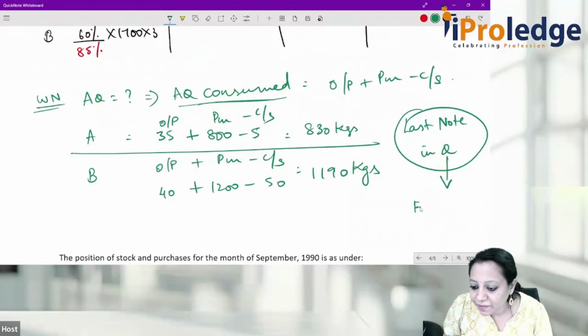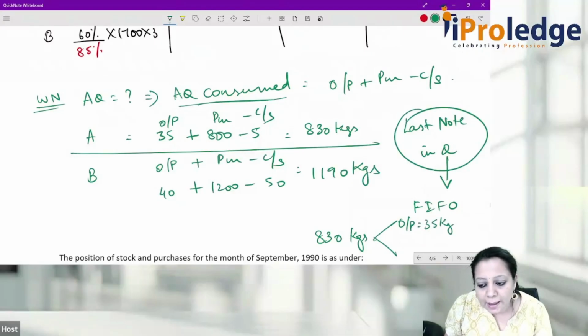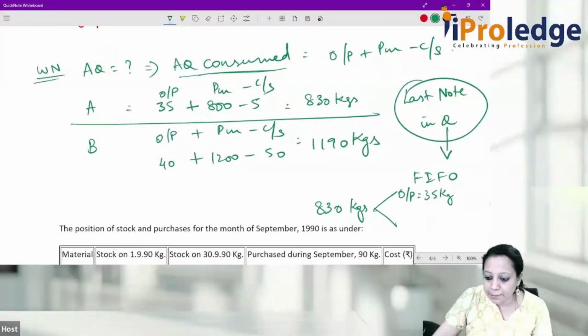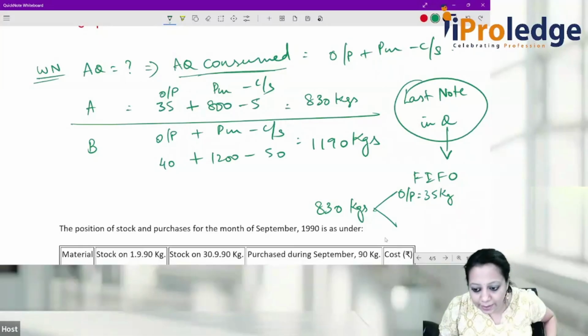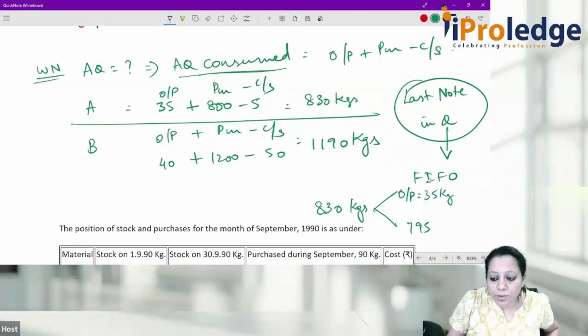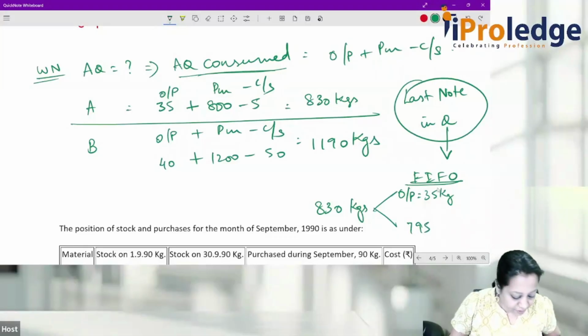That is FIFO. So that means out of 830 kgs, first what would have been consumed? Opening stock, which is equal to 35 kgs. Balance is how much, ma'am? 830 minus 35 is 795. Correct? Okay. So balance is 795.